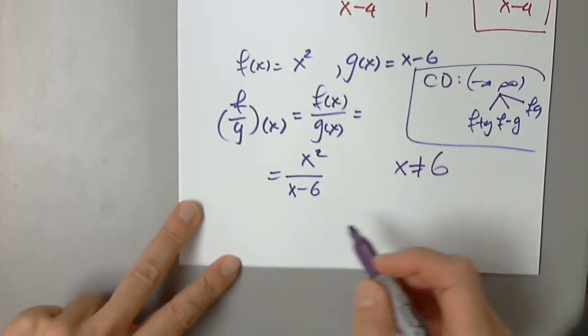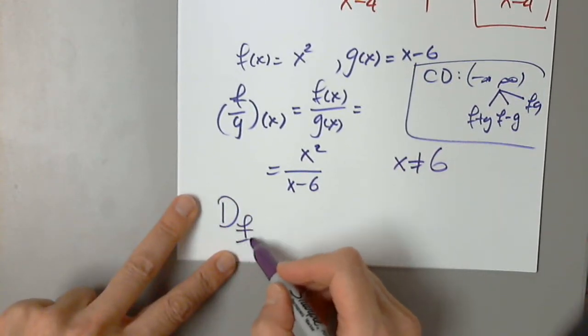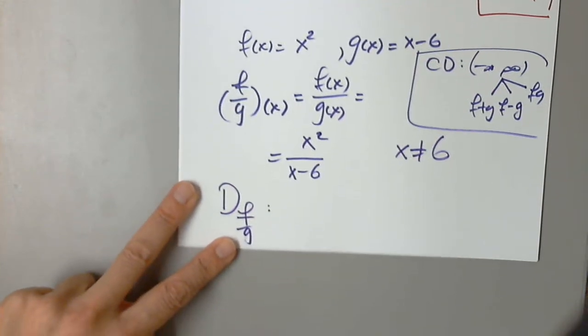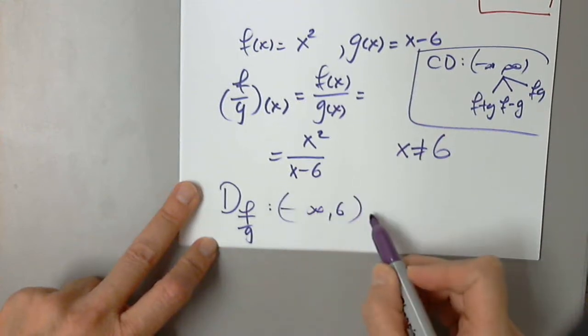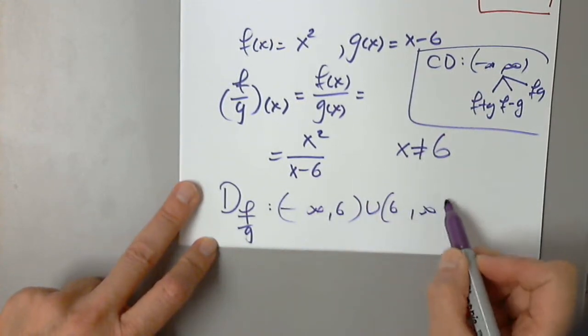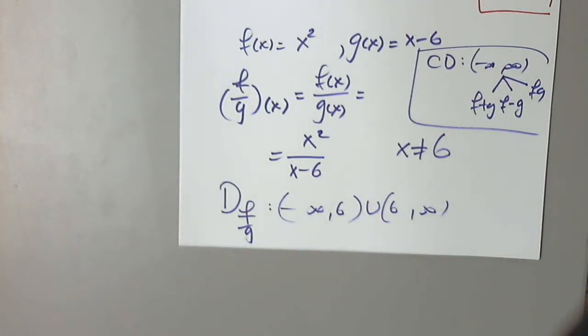Indeed. So the domain only of the ratio, can anyone give it to us? Awesome. Great job. That's it. So although initially both functions had the domain all real numbers and the common domain was all real numbers and everything worked for the sum, difference, and product, it doesn't for the ratio. Is that clear?